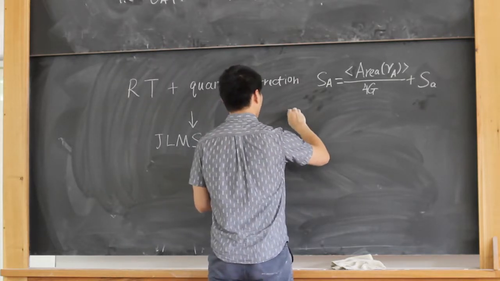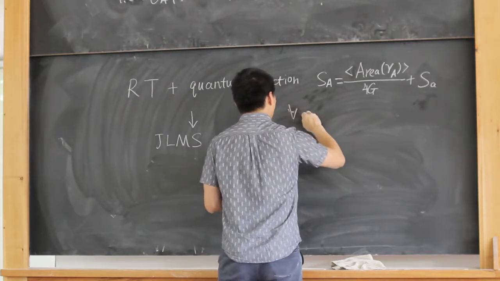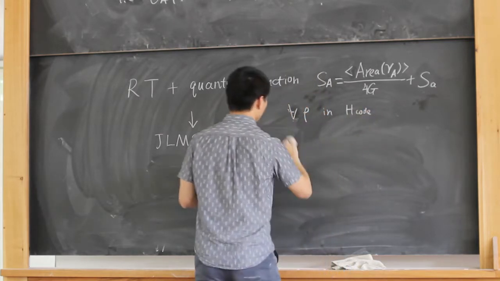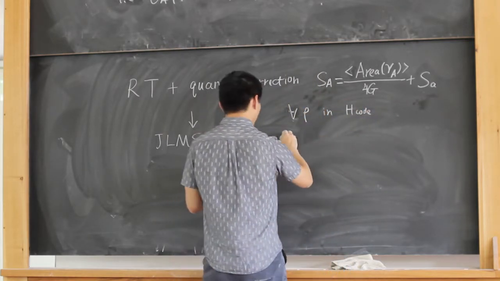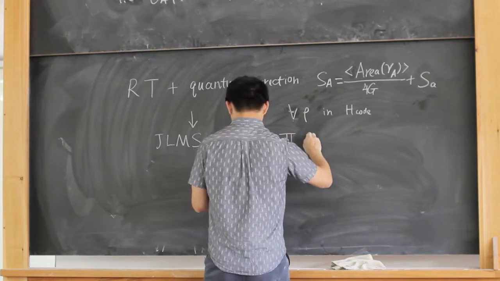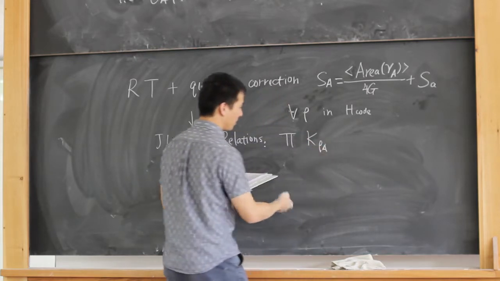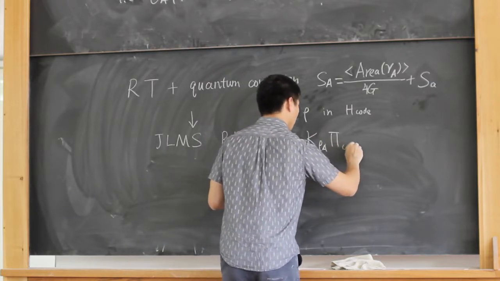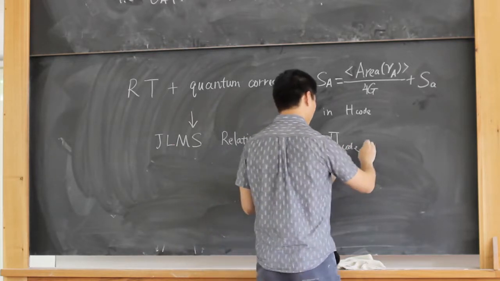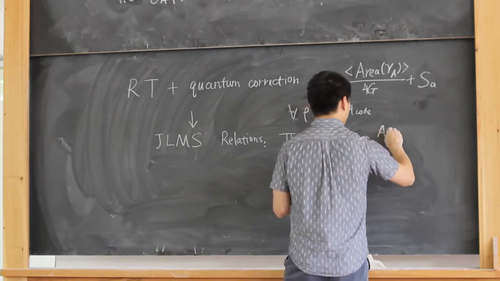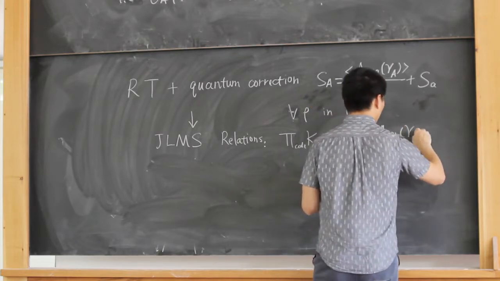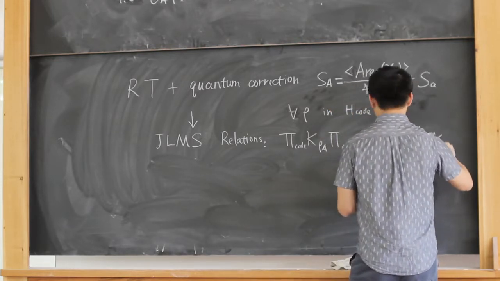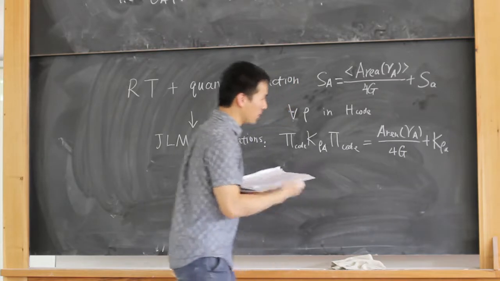So the statement is, for any state rho in the code subspace, this is the full state in the CFT, we can define a modular Hamiltonian on the boundary and project it into the code subspace, just to make sure it's an operator in the code subspace, and it is equal to some area operator defined on the Ryu-Takayanagi surface plus the bulk modular Hamiltonian.